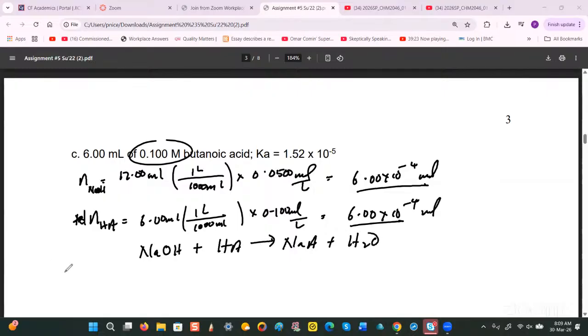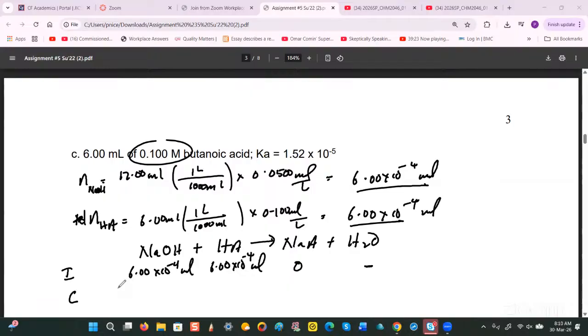So if we set up a nice table, initially we're going to have 6.00 times 10 to the minus 4 moles of the base. We're going to have the same number of moles of the acid, 6.00 times 10 to the minus 4 moles of the acid. Here, we're going to have none of this, and we don't need to concern ourselves with the water.